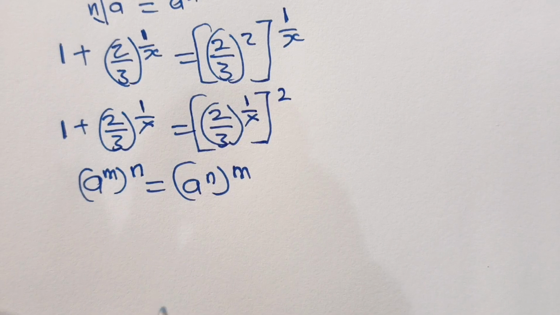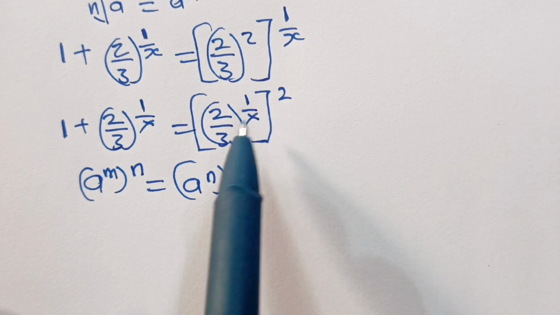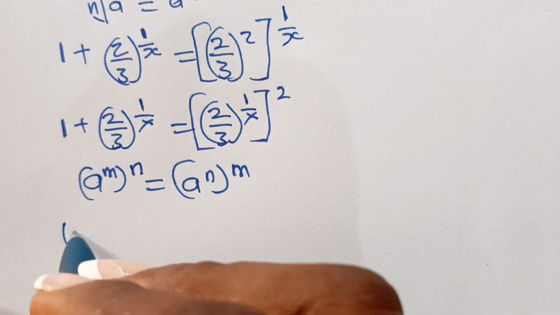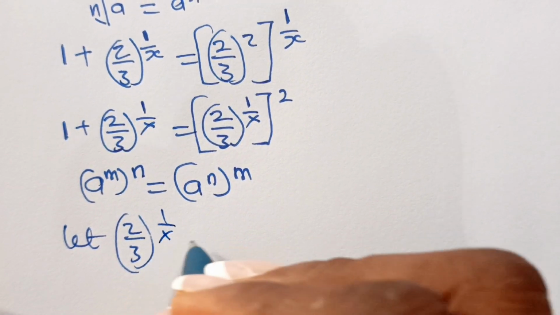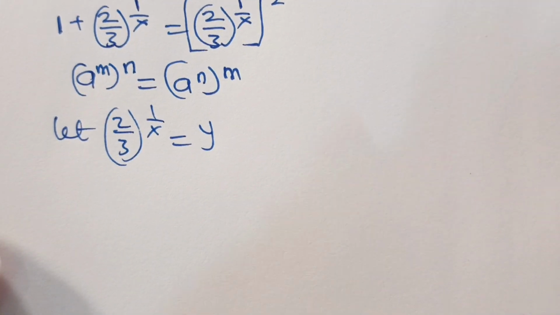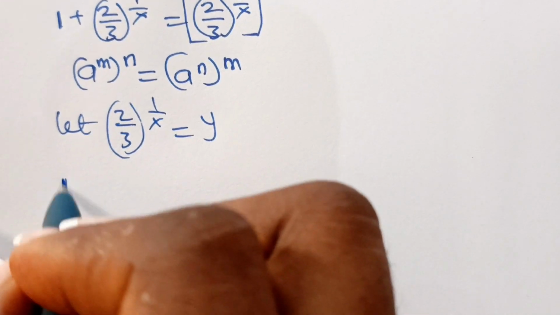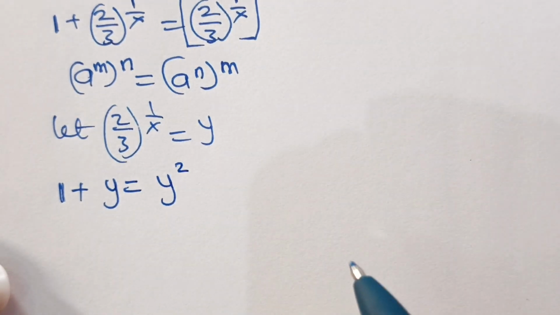All right. Now you can see that we have 2 over 3 to the power of 1 over x on both sides. Now we can say let 2 over 3 to the power of 1 over x be equal to y. Now if we make that statement, that means we can write 1 plus y is equal to y squared.